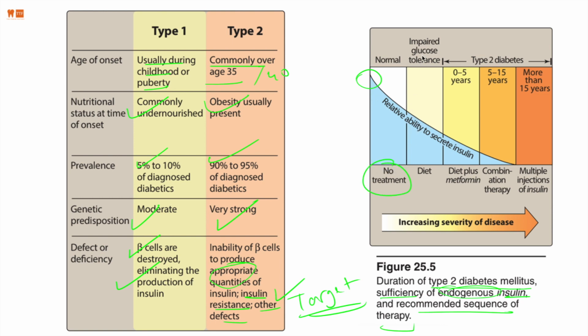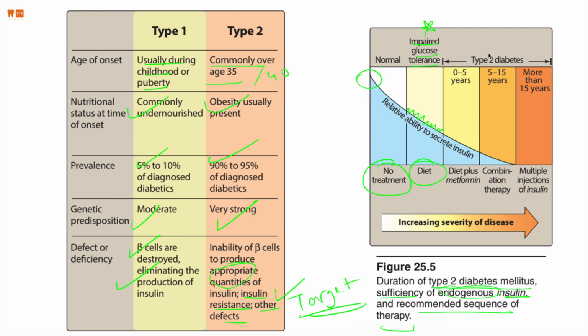When it plummets during impaired glucose tolerance, a test that tells us whether a person is diabetic or not, insulin secretion is half its original relative ability. That's when diet modifications can help us, such as reducing the amount of sugar that we eat.